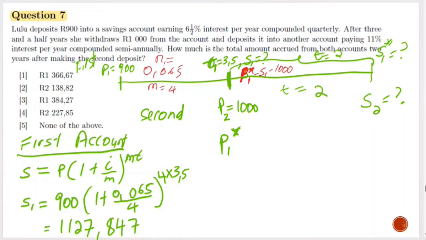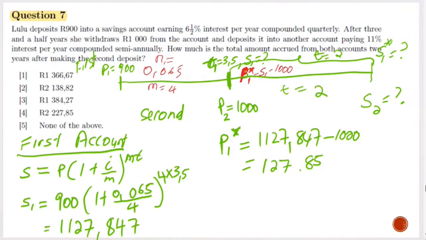That means it's going to be the new present value. If you compare it with the previous exercise, your new P1 star is going to be equal to 1,127.847 minus 1,000, because she's going to withdraw this money. So now the account is going to be left with 127.85. Let's just put it to 2 decimal places.